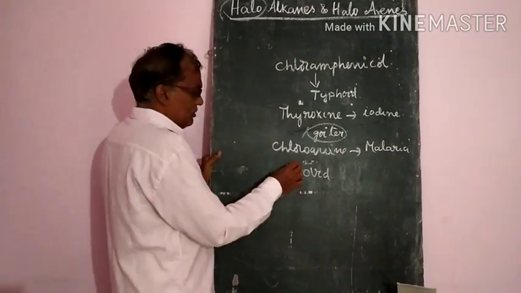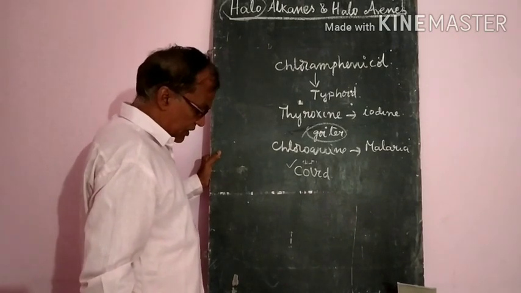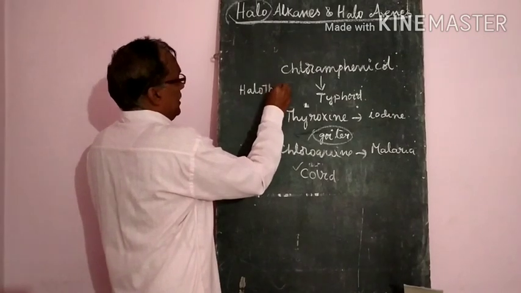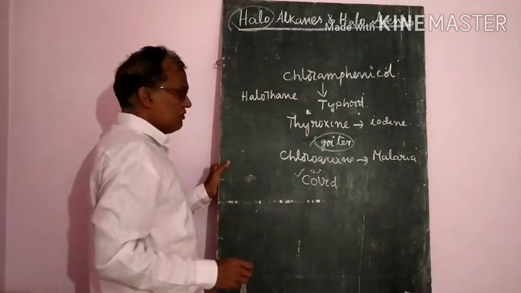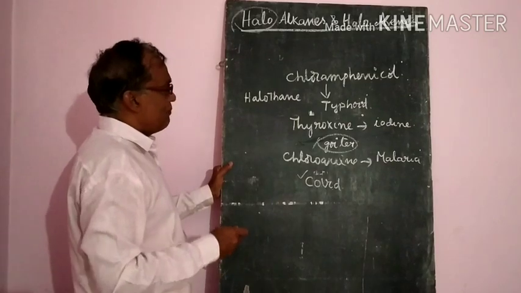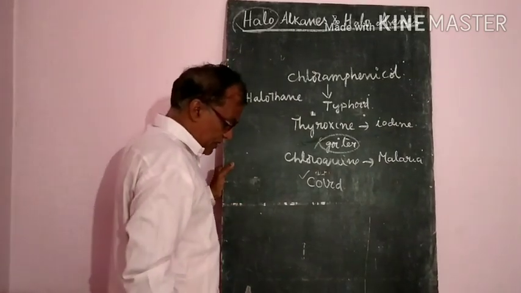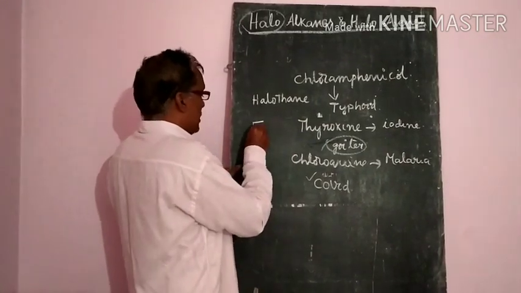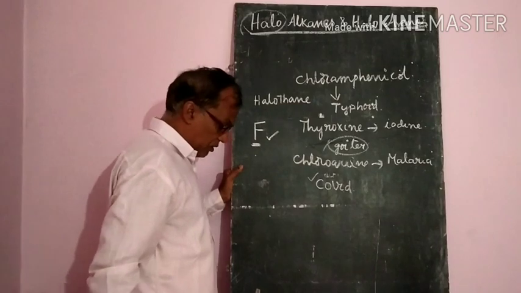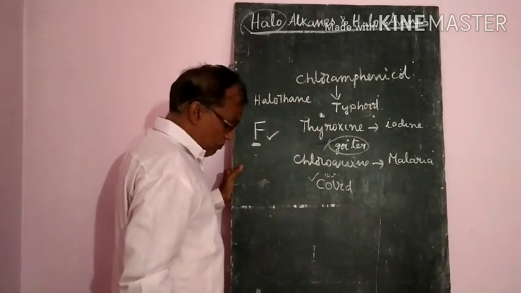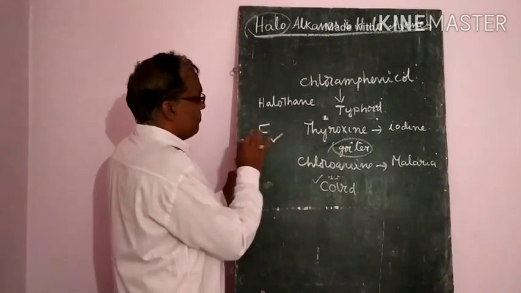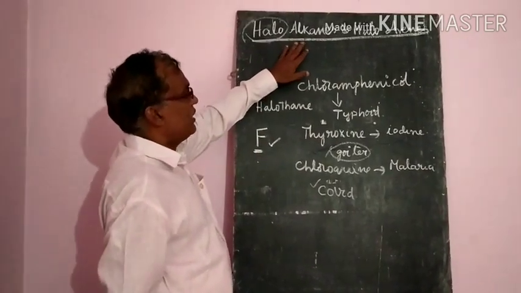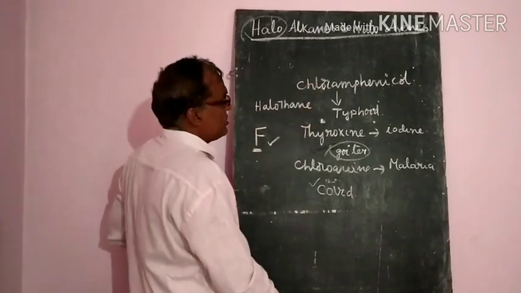One more is halothane, which is used for anesthetic purposes in surgery. And fluorinated compounds, those which contain more fluorine, are potential blood substitutes used in surgery. Like this, haloalkanes and haloarenes play a very important role.